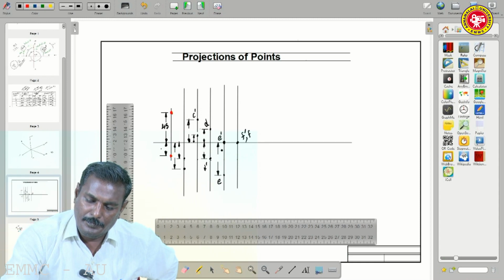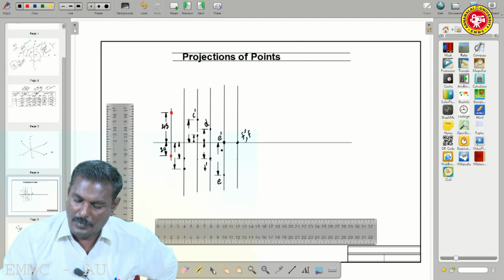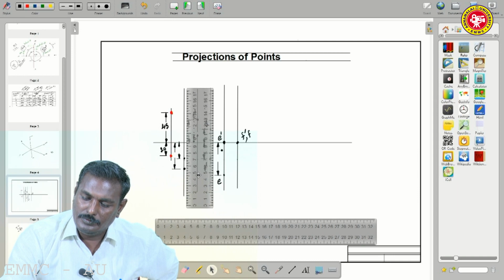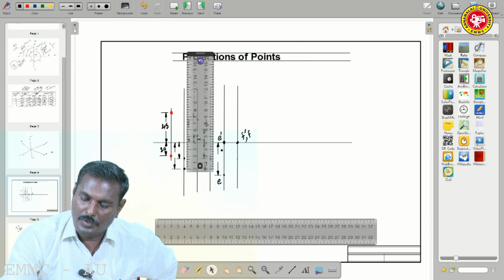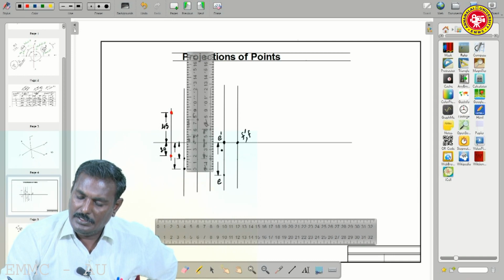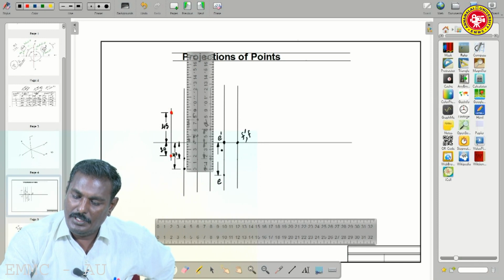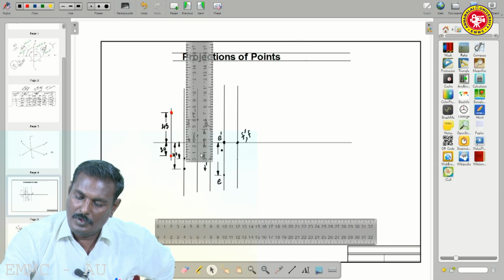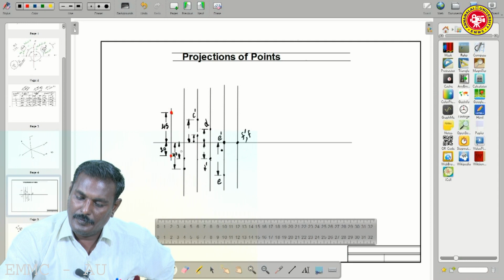Then 20. So what's the dimension here? It's 40. Yeah, this is 25 mm.